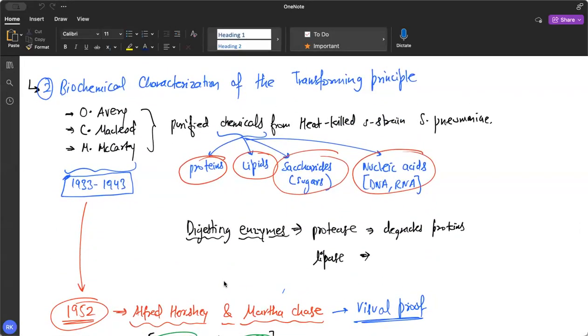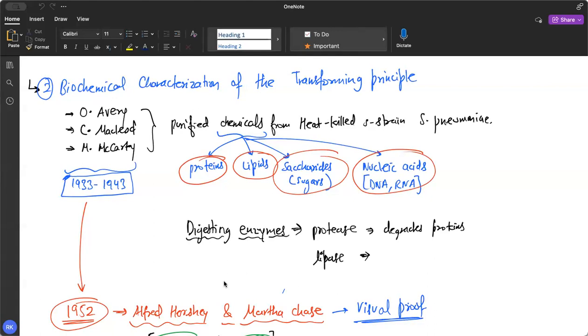Then Avery, MacLeod, and McCarty, this trio, took this experiment forward in their own ways. They thought of purifying all the chemicals from the heat-killed S strain. Purifying all the chemicals is a very tedious task, because inside a cell you have everything: proteins, lipids, sugars, nucleic acids, both DNA and RNA.